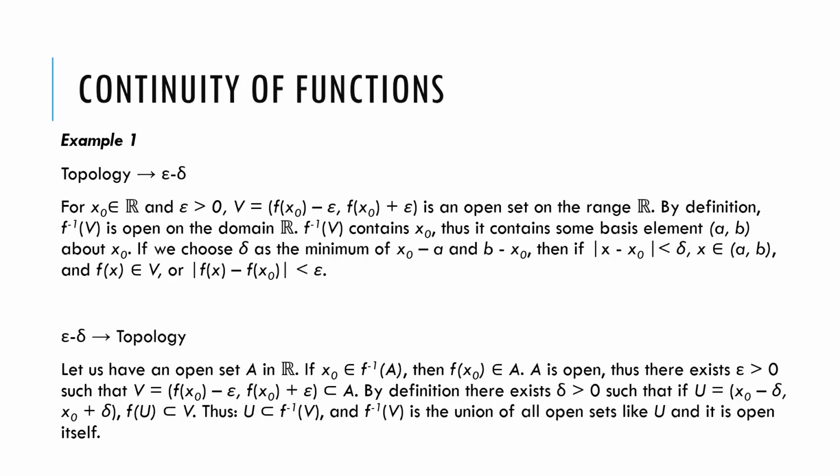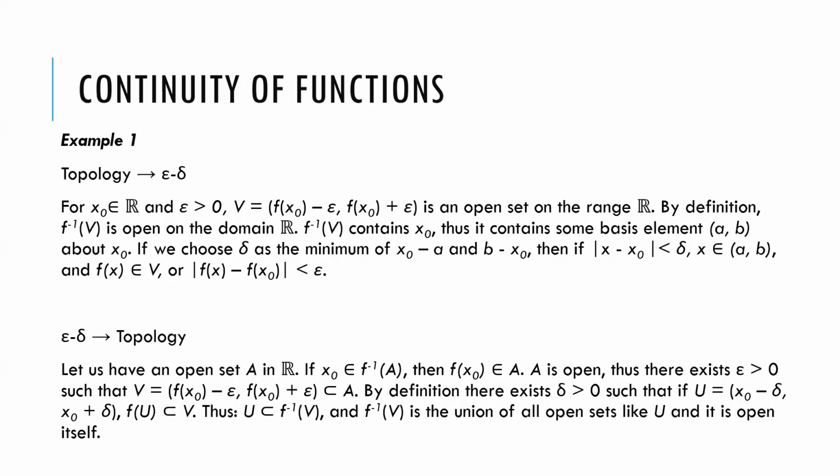So if we have an open set A in R, and x0 belongs to the inverse image of A, then f(x0) belongs to A. And A is open, so there exists an epsilon greater than 0 such that the interval V, which is the open interval from f(x0) minus epsilon to f(x0) plus epsilon, is a subset of A.